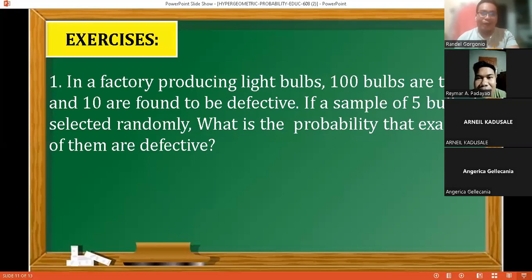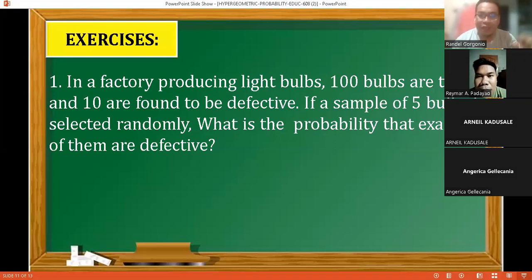We have here exercise number 1. This is a problem. In a factory producing light bulbs, 100 bulbs are tested and 10 are found to be defective. If a sample of 5 bulbs is selected randomly, what is the probability that exactly 2 of them are defective?